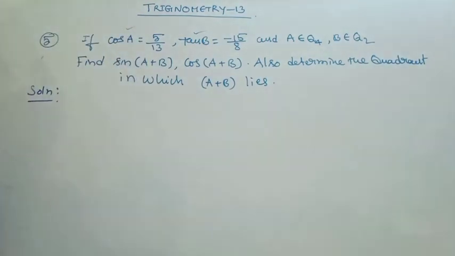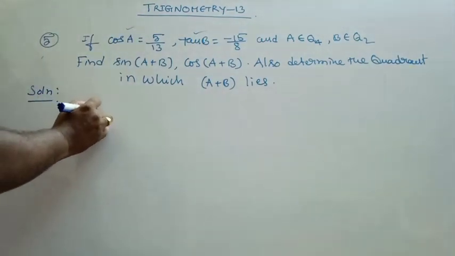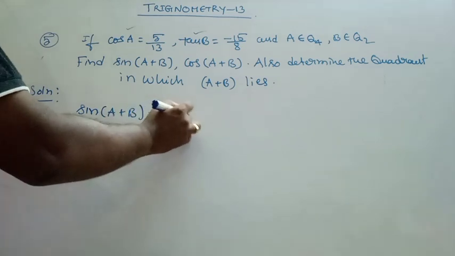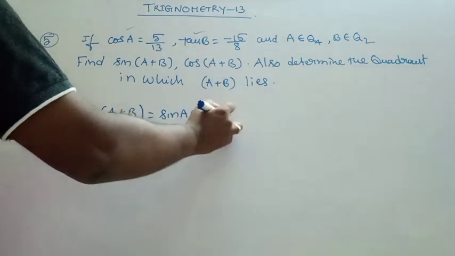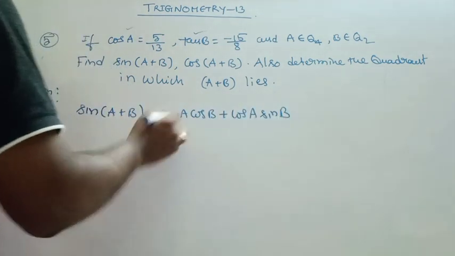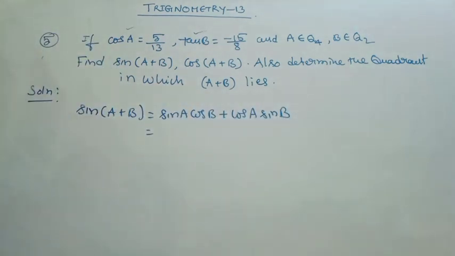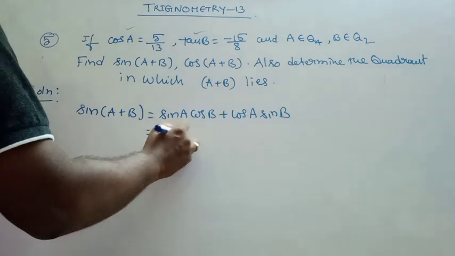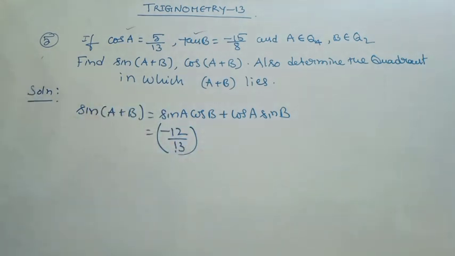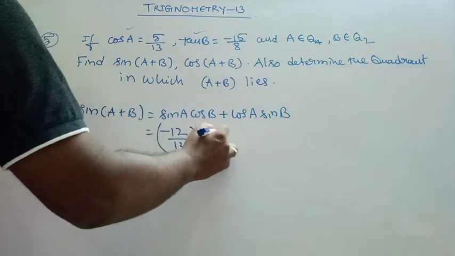Now the formula for sin(A+B): sin(A+B) is equal to sin A cos B plus cos A sin B. Let us put in the values we have got. Sin A is minus 12 by 13, and cos B is minus 8 by 17.